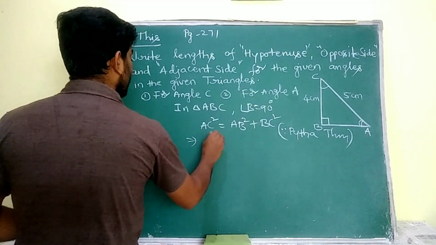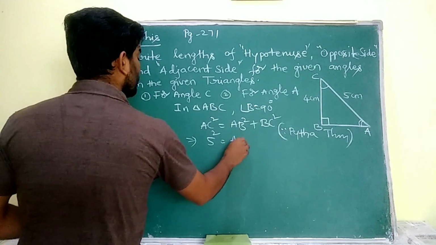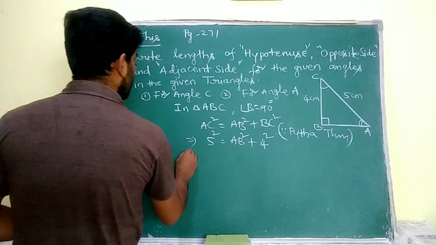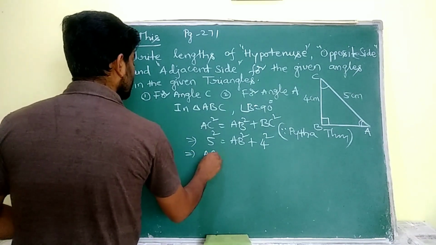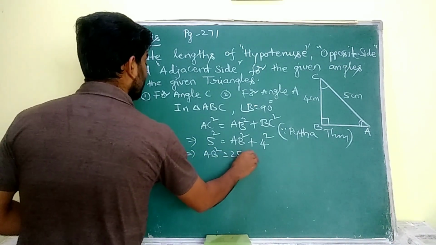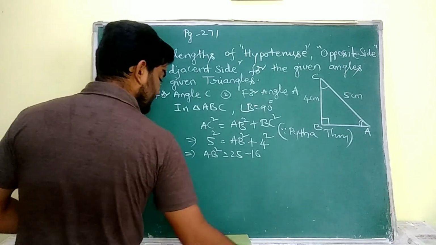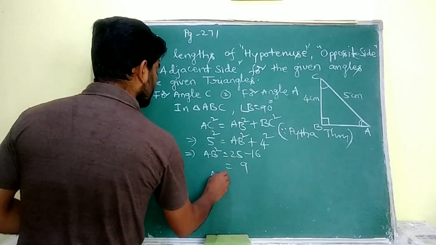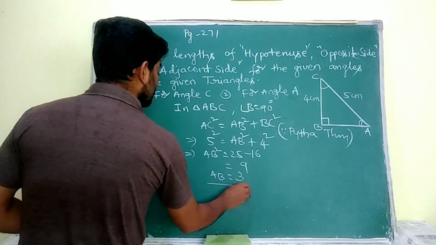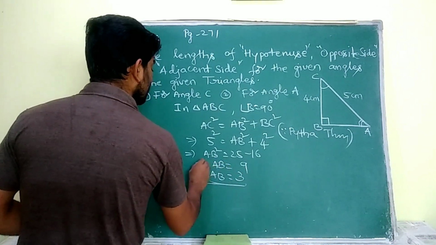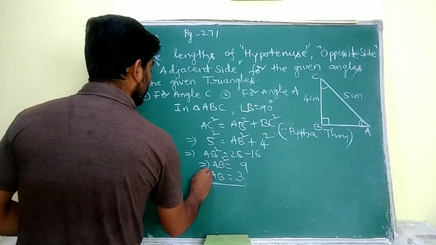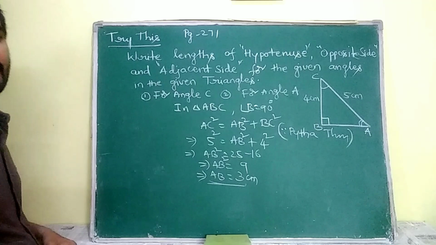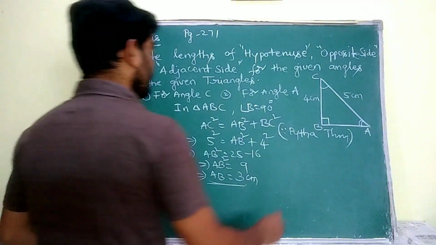That is 5 square. AB square we don't know. BC square means 4 square. So now I want AB square. Then AB square is equal to 25 minus 16, that is 9. AB square is equal to 9, that implies AB is equal to 3 centimeters.